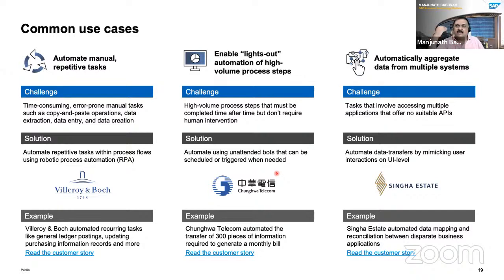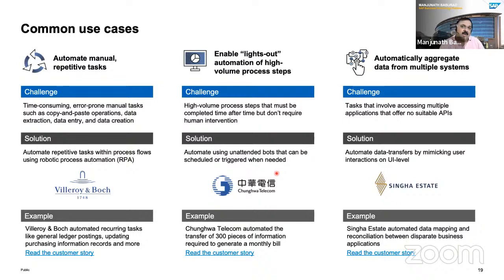Now, this is a very, very intensive task, which what we call lights out automation could then help out with, wherein it is a repetitive task. It is very, very easy to do, but it is very, very high volume. So these are also very clear indicators, and our customers are using this. It's a common use case where lights out automation is built using the SAP Build Process Automation capabilities.